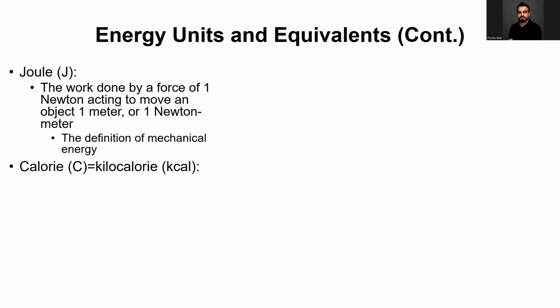On the other hand, we have calorie. Here also note that this C is uppercase, and that's why it's kilocalorie. And it's like a thermal energy. So most of the time, joule is used for the mechanical energy, but calorie is used for thermal energy.